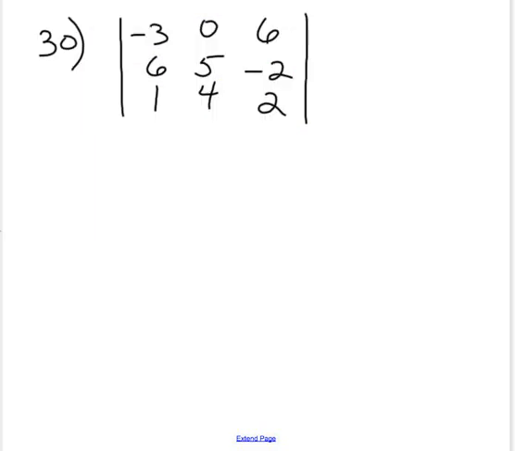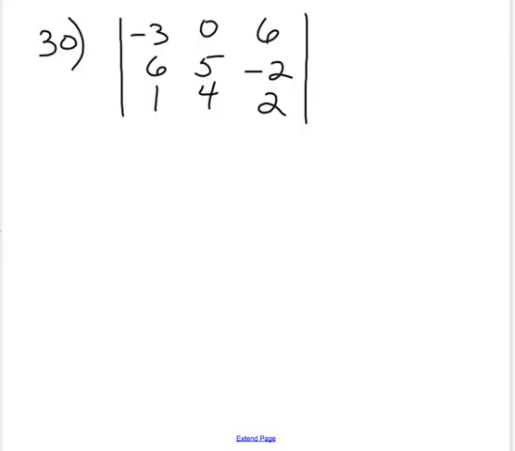Next problem we're going to look at is number 30, which asks you to find the determinant of a 3x3 matrix using expansion by minors. To perform that task, I start by looking at row 1. That's the -3, the 0, and 6. Those are going to be the scalar multipliers for each subsequent 2x2 determinant that I create.